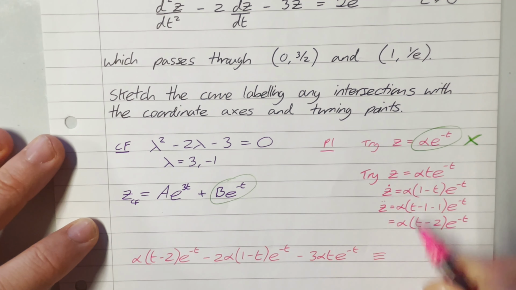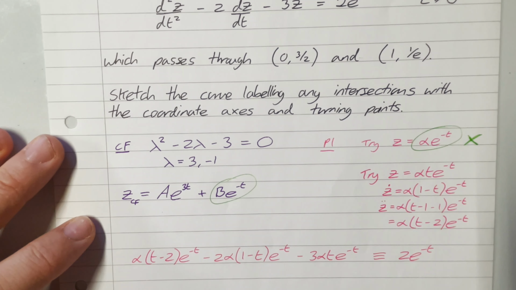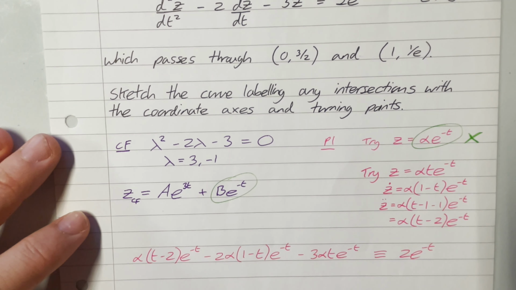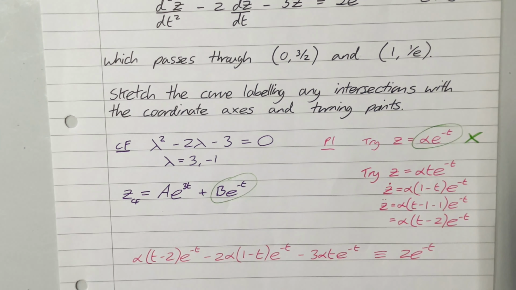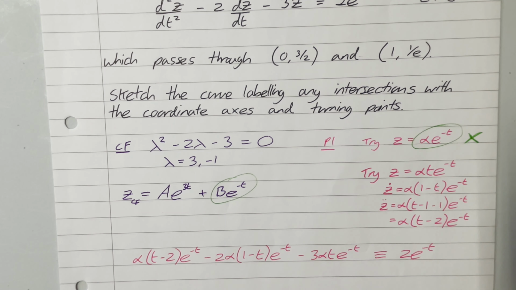And I want this to always be equal to 2e to the minus t. So what I should find is the coefficients of t cancel. Don't just assume that, actually check that, because that is worth checking, because it allows you to confirm that these are at least possibly correct.